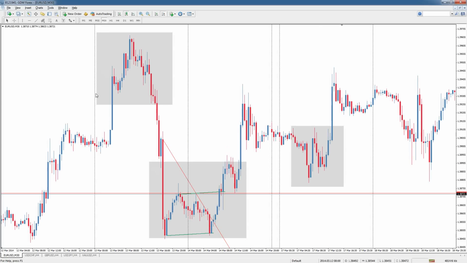Okay, now, if you can just bear with me for a second, and we will demonstrate how head and shoulders and reversed head and shoulders formations look.